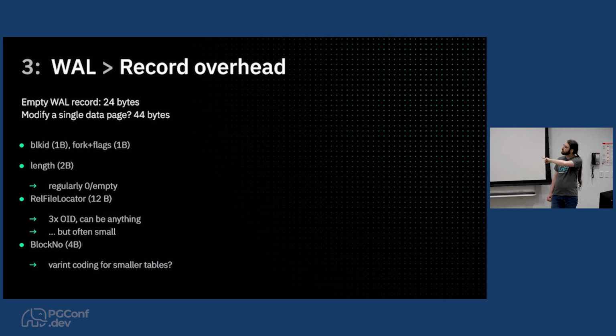The main issue I have with the rel file locator is that it uses OIDs, which are generated with a global OID counter, just like the TOAST system. The values can be anything. They can be completely random. If we were using sequential OIDs for the database ID, the tablespace ID, and the relation ID, we would consistently know they are smaller.